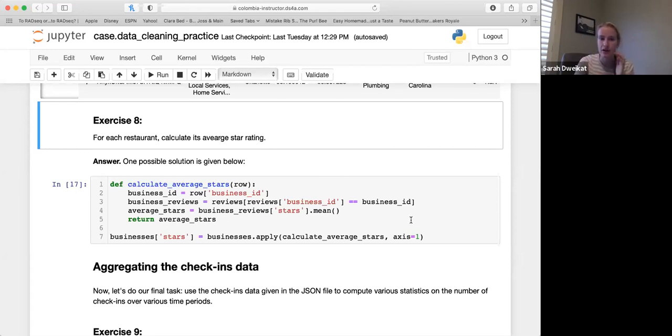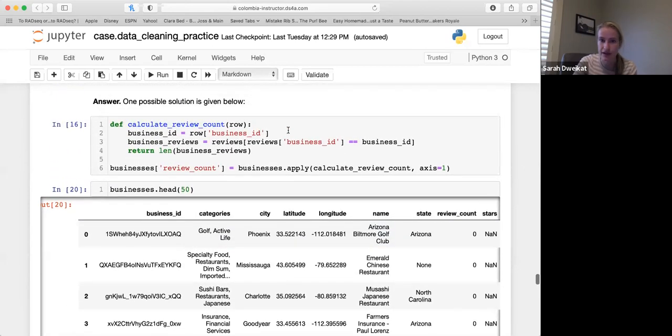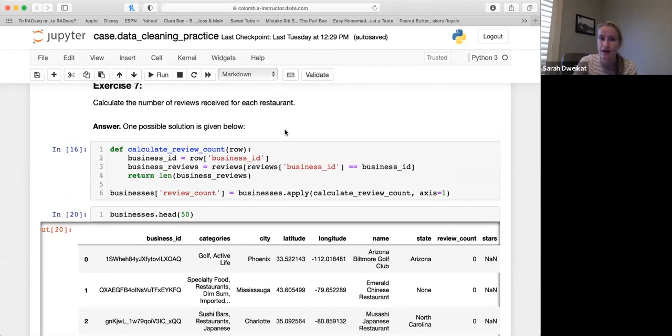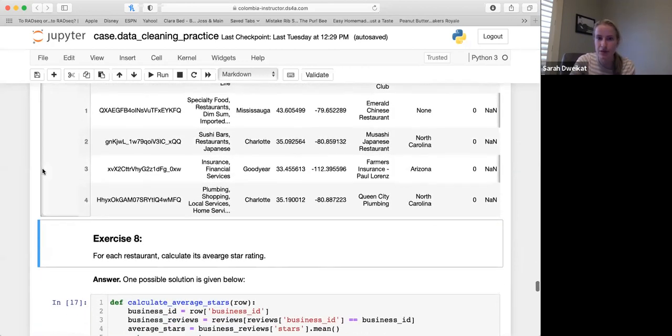So it's very similar code to what we did here, which was looking at the number of reviews. Since we just did the length, that counts the number of items in that object. That just counted the number that we're repeating.